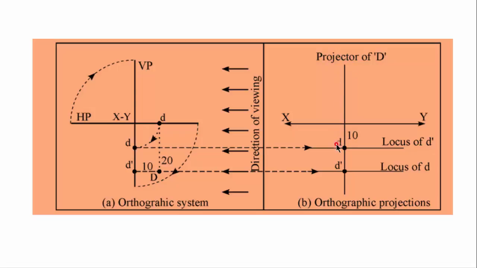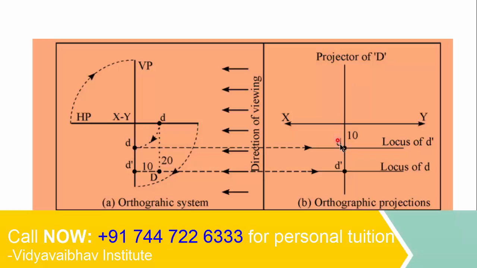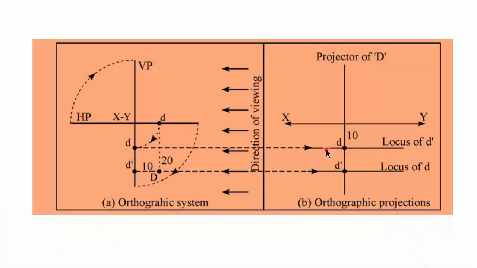Thus, plan and elevation of A will lie on projector of A. Plan and elevation of D will lie on projector of D, and so on. Similarly, a line passing through a particular projection while parallel to XY is known as locus. Thus, you can see here this horizontal line is known as locus of D dash.